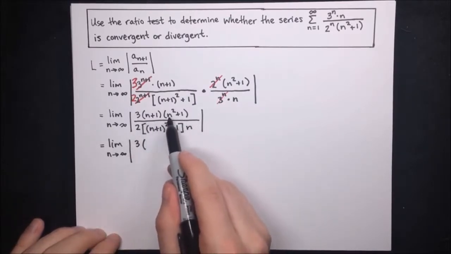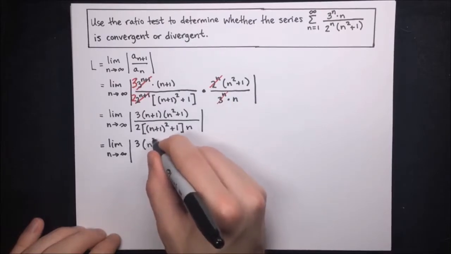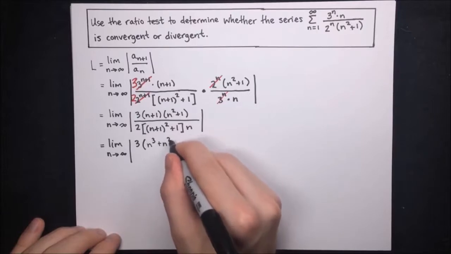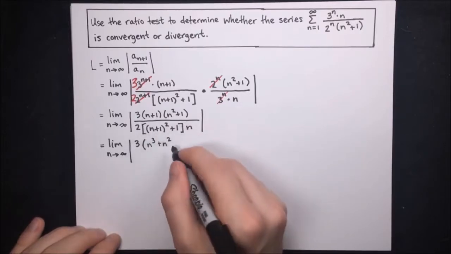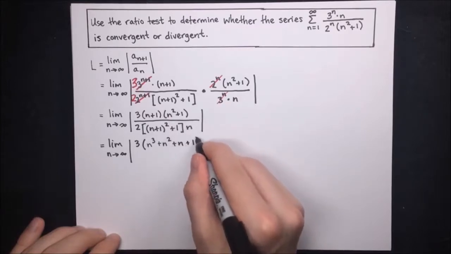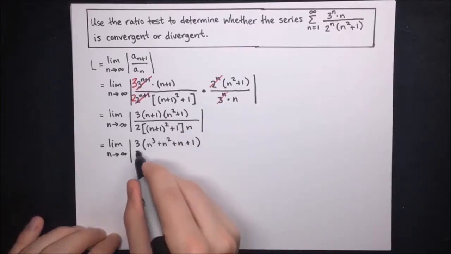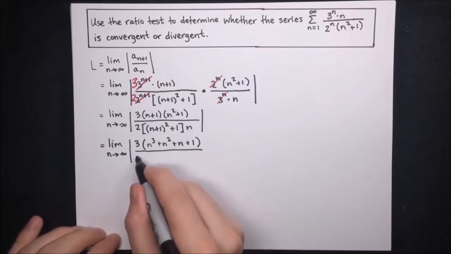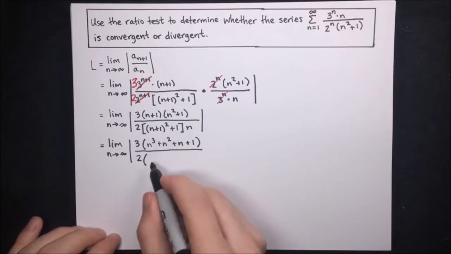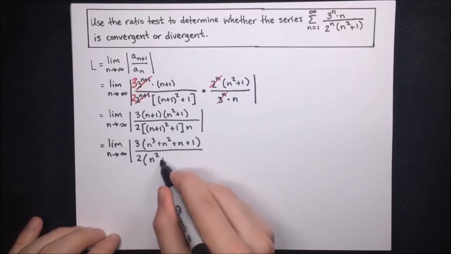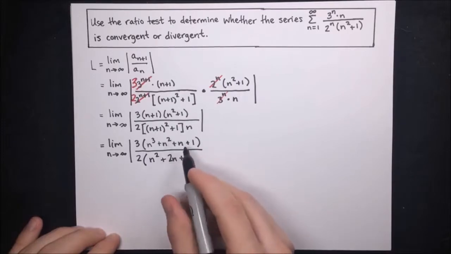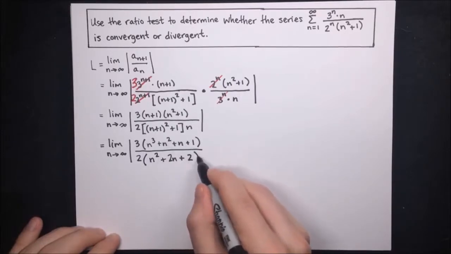Well, n times n squared is n cubed. And then 1 times n squared is n squared. Then n times 1 is n. And then 1 times 1 is 1. And then in the denominator, we've got a 2, and then times n plus 1 squared, that makes n squared plus 2n plus 1, but we've got another plus 1, so really plus 2, and then that times n.